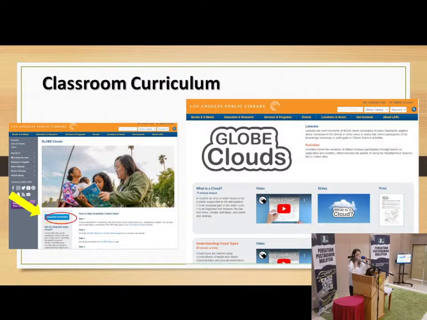And at the end there is a printable activity sheet or instruction sheet. You can find this on our website, lapl.org/NASI. I will be adding that, along with all the resources I mentioned, when I send the slide deck out.